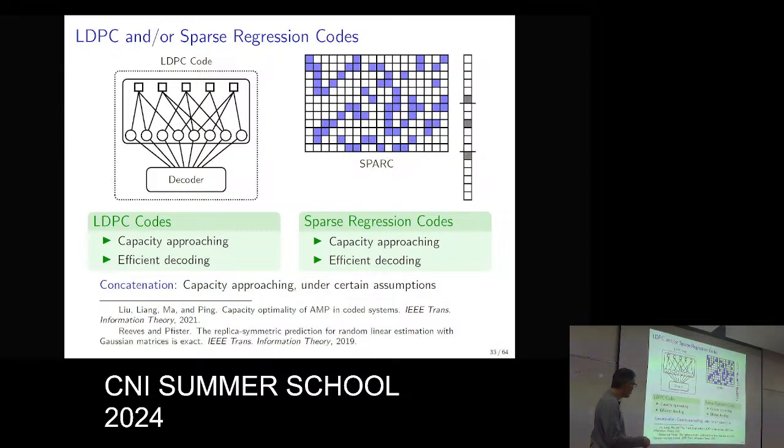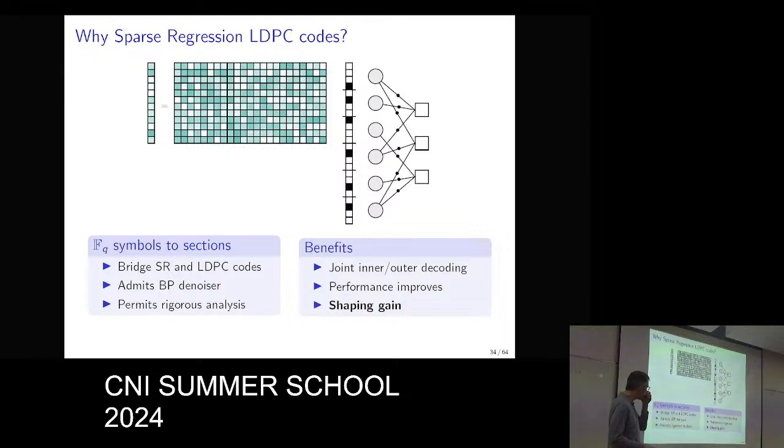But their proof relies on an assumption that this system will fulfill a behavior like the one derived by Galen Reeves and Henry Pfister about how the replica method applies. So there's an assumption that it relies on, but if that assumption is correct, then the code will achieve capacity.